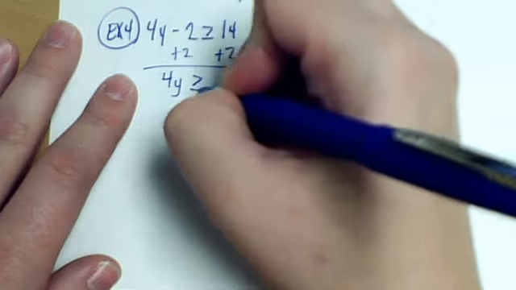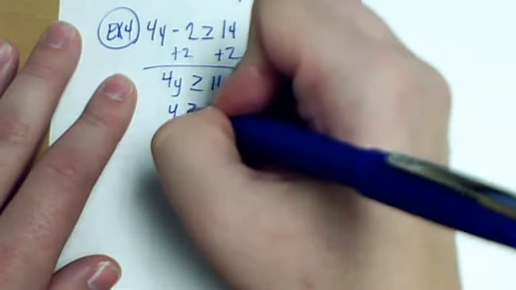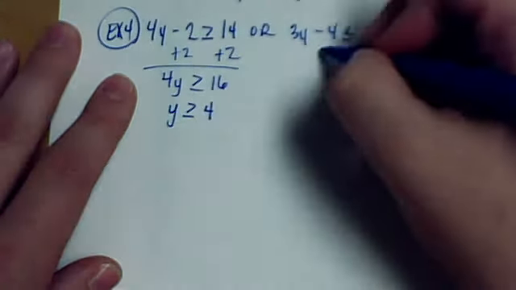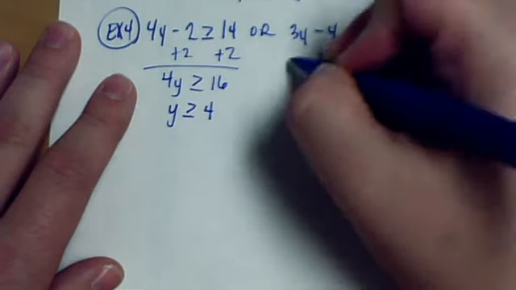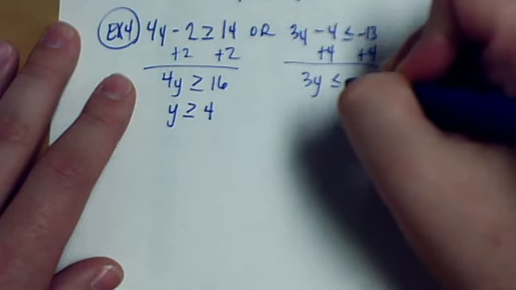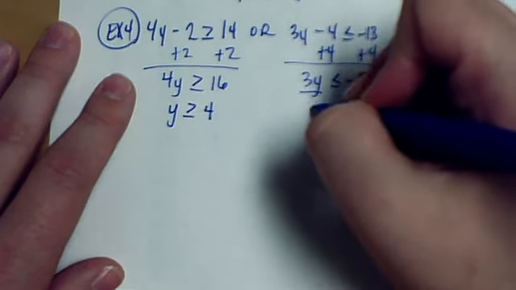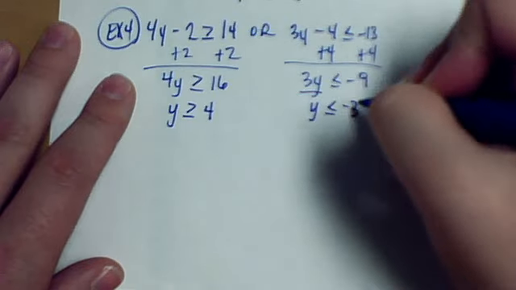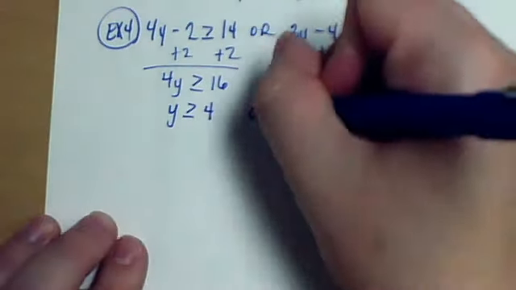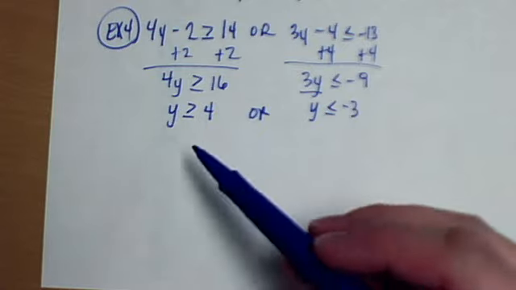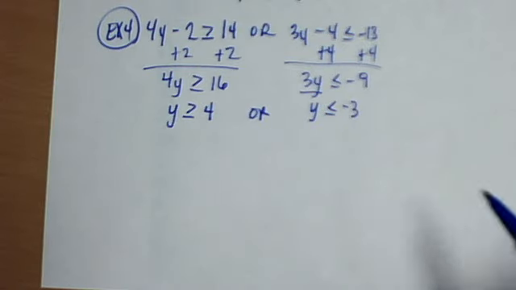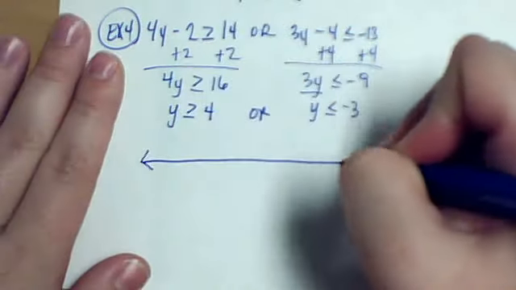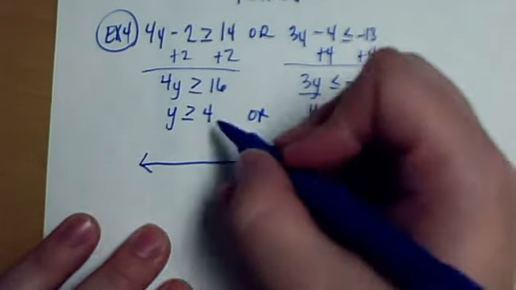So 4y greater than or equals 16, so y is greater than or equals 4. Add 4, so 3y less than or equal to negative 9, so y is less than or equal to negative 3. So in this case I have y is greater than or equal to 4, or y is less than or equal to negative 3. So when I graph this, let's graph this one first.